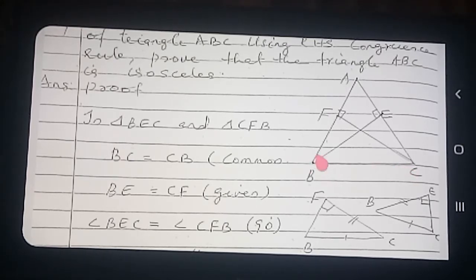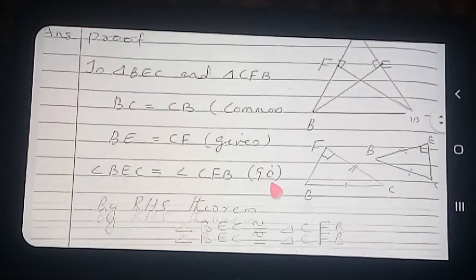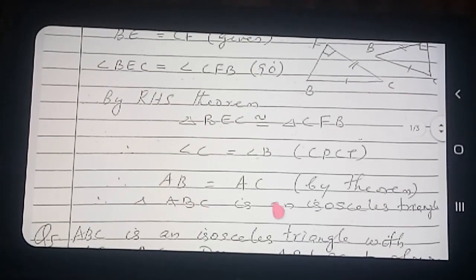Angle B, this full angle, and angle C, this full angle, are equal, so their opposite sides are equal. The opposite side of angle C is AB. The opposite side of angle B is AC. Therefore, AB and AC are equal, by the theorem I have written here.